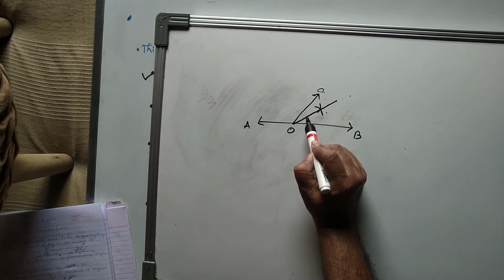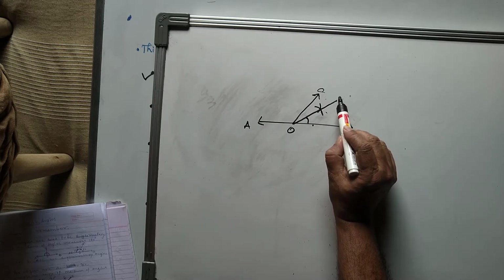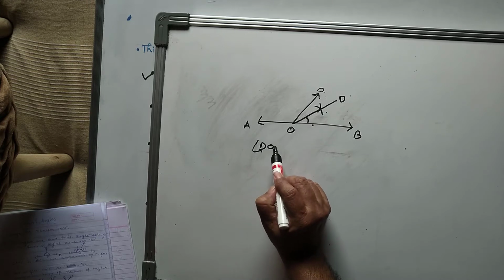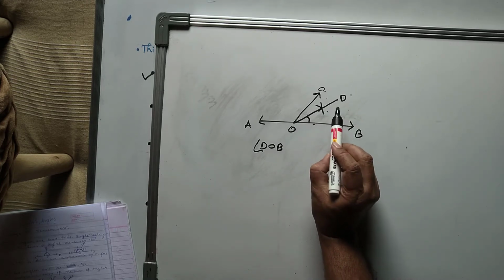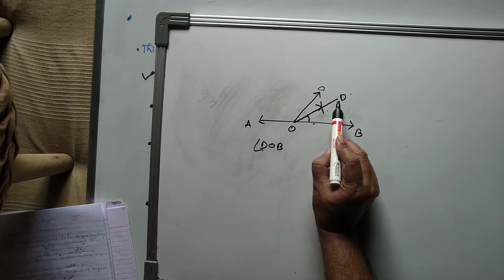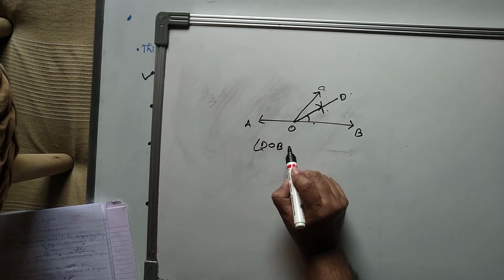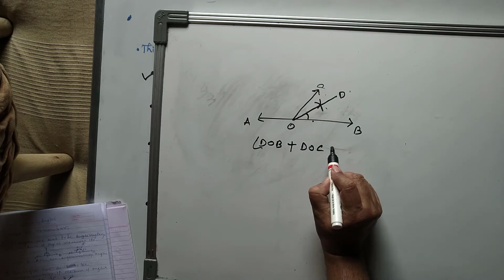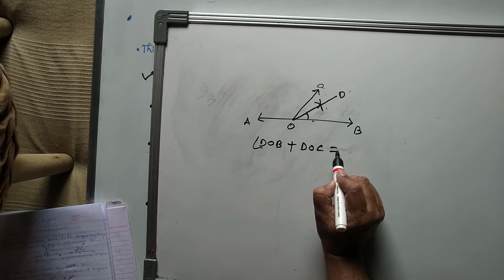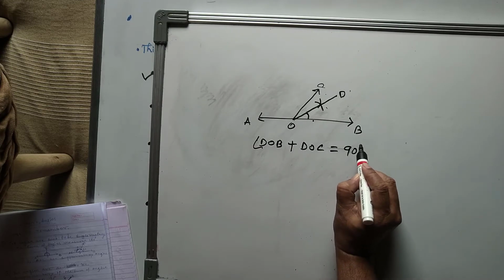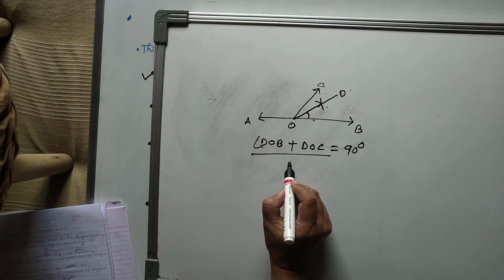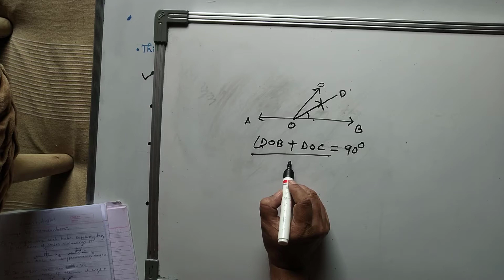Okay, this angle, say DOB, angle DOB plus angle DOC equals 90 degrees. So they are called complementary angles.